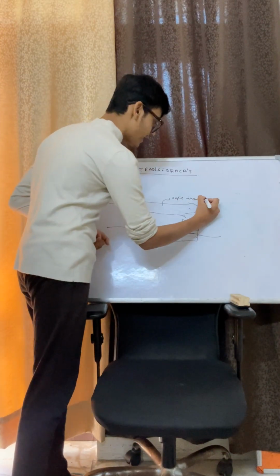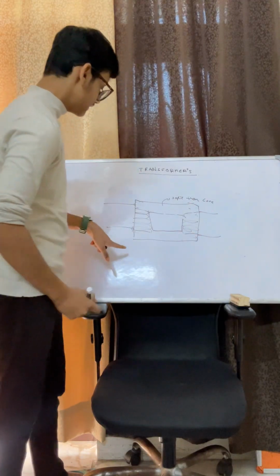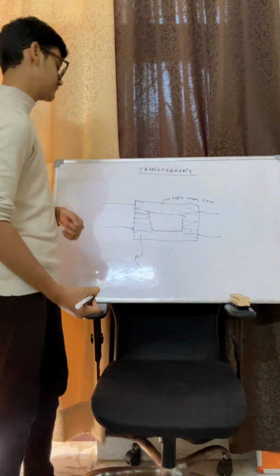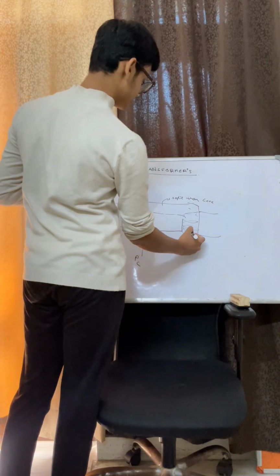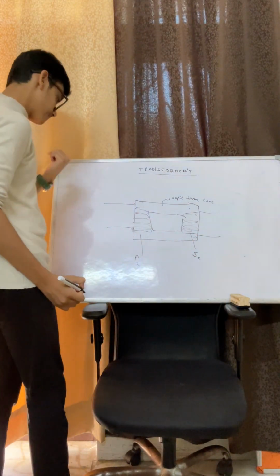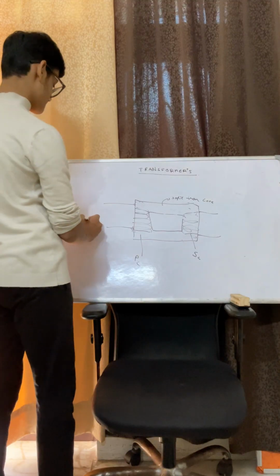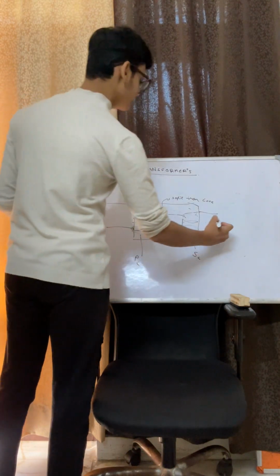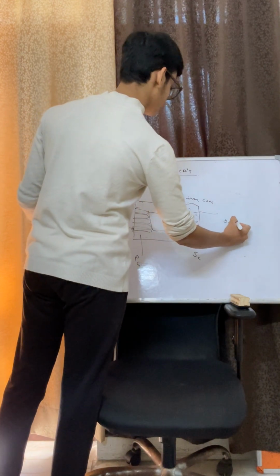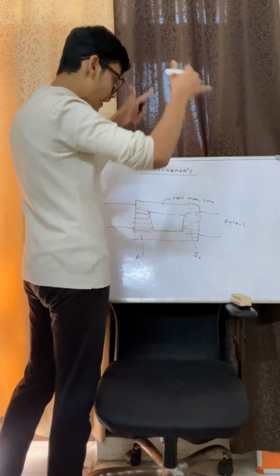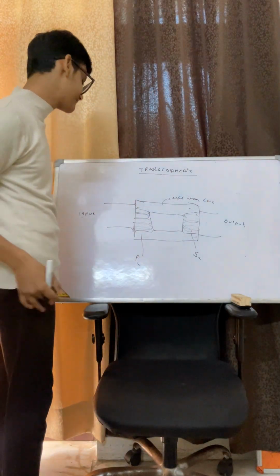So this is soft iron core, right? This is the primary coil. We'll call it PC in subscript, and this is the secondary coil. We'll call it SC in subscript. And this is the input, and this is the output circuit, and then there are extensions with that Eiffel Tower like structure.